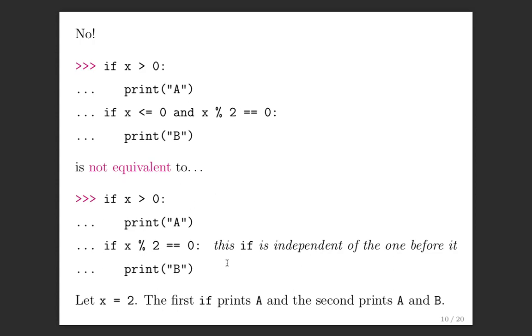This if statement here is independent of the ifs that surround it, so no assumptions are going to carry forward. So as the gentleman up there said, if we let x equal 2, you can see that the first block prints A only, and the second block prints A and B. Any questions? I know this is sort of getting dicey, but it requires some practice in the lab.